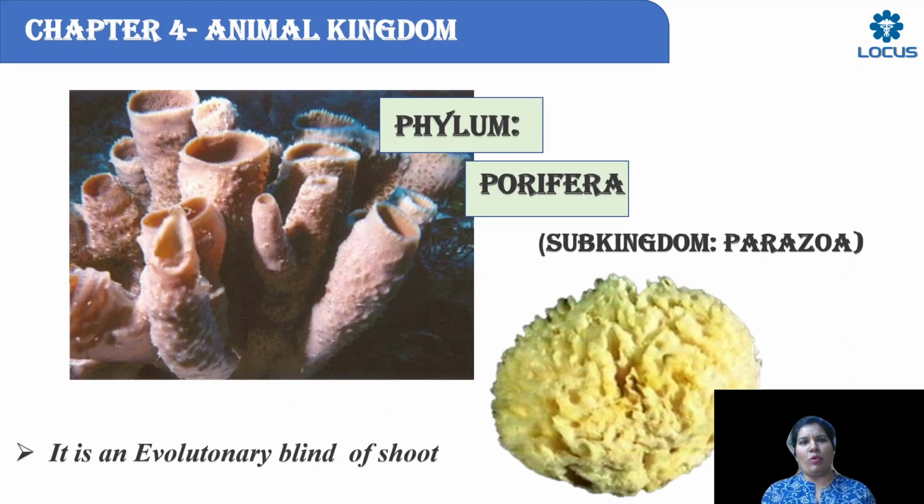But when you talk about poriferans, their ancestors do not give rise to any other major group. Now, who are the ancestors of poriferans? They are unicellular organisms called choanoflagellates. These are single cells having a single flagellum. So, scientists say that choanoflagellates are the ancestors of poriferans.